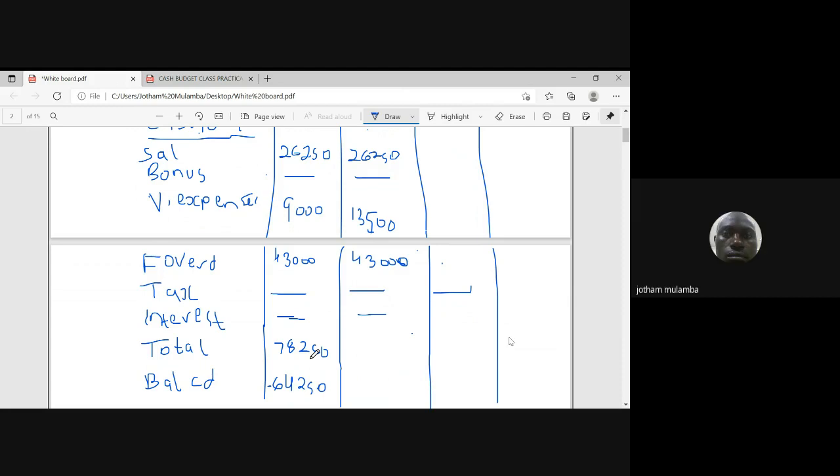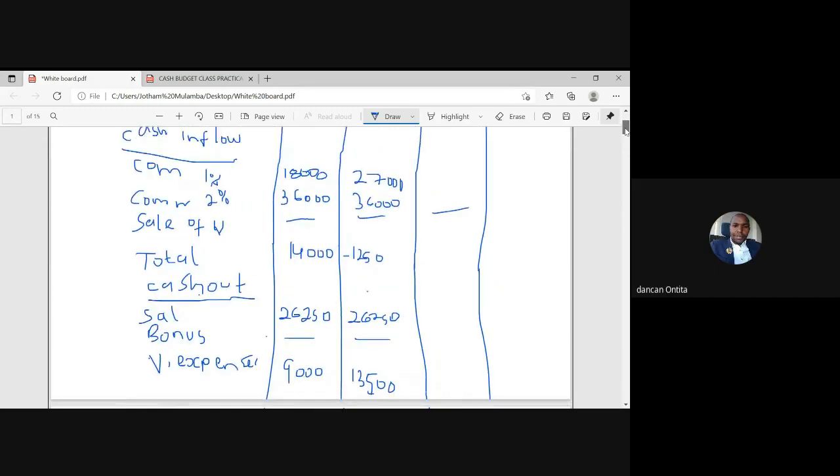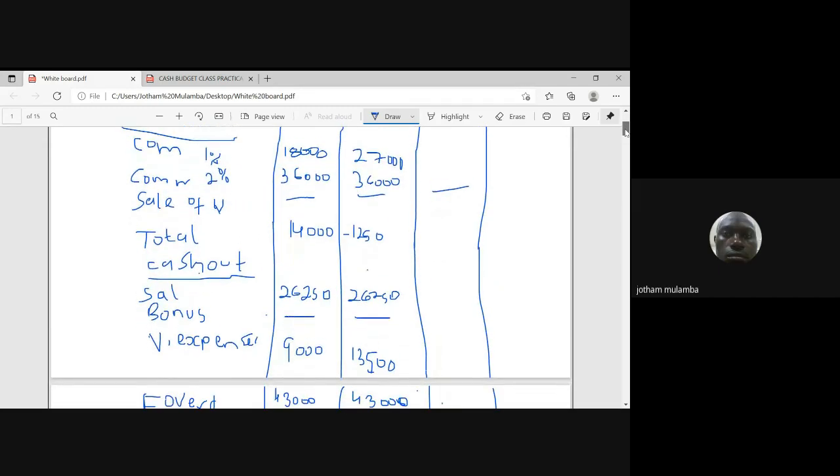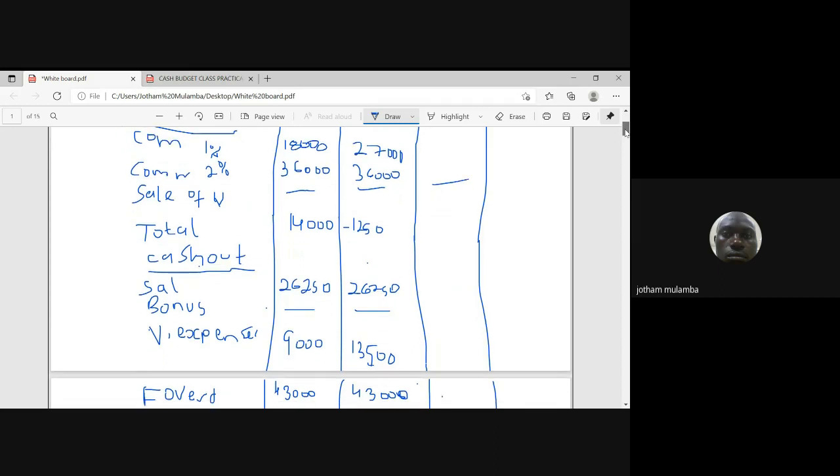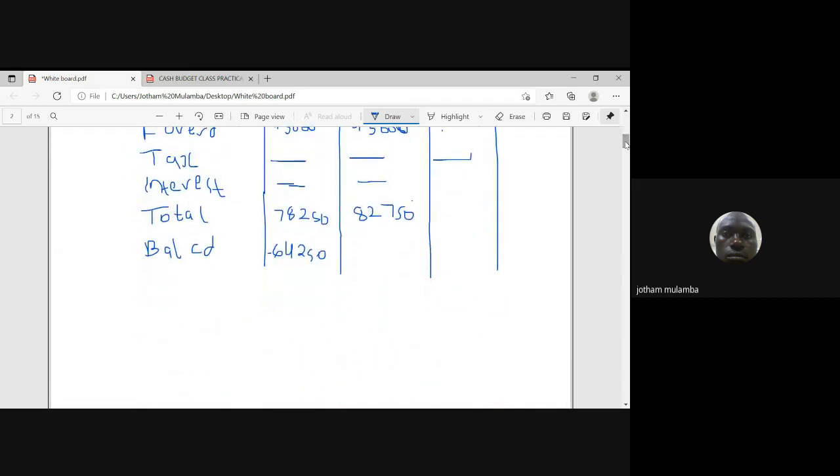So we record here 82,750. And then to get the balance carried down, we subtract: cash inflow minus cash outflow. So negative 1,250 minus 82,750. Mwalimu, it's supposed to be 83,000, not 82,750.